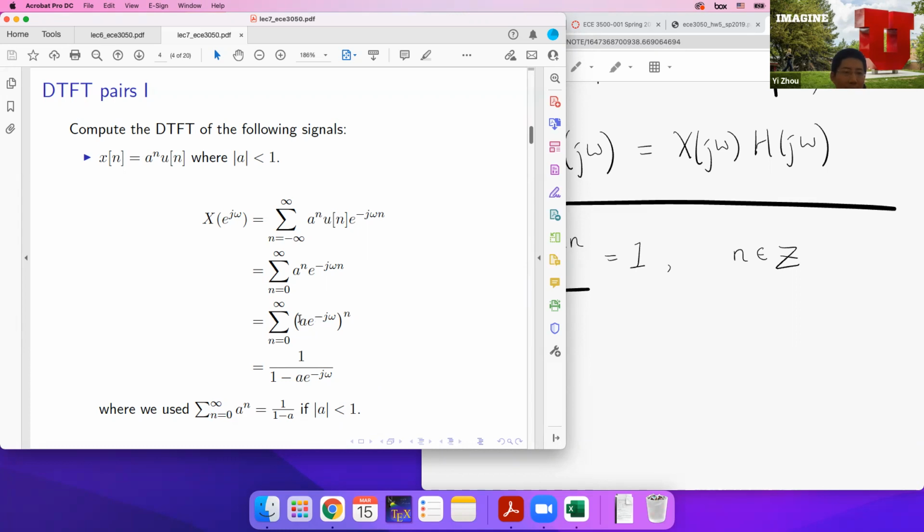In this case, a is actually a times e to the power of negative j omega, but this term only modifies the phase of the complex number. It doesn't affect the magnitude, so again the magnitude is smaller than 1. Applying this formula, we end up with this result.